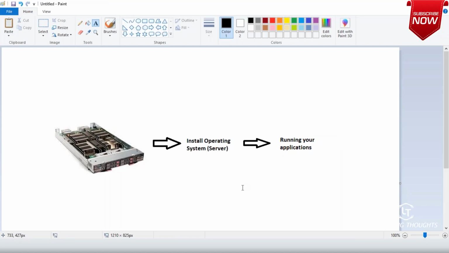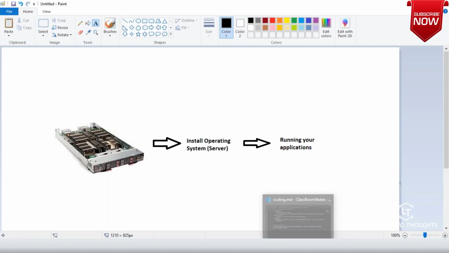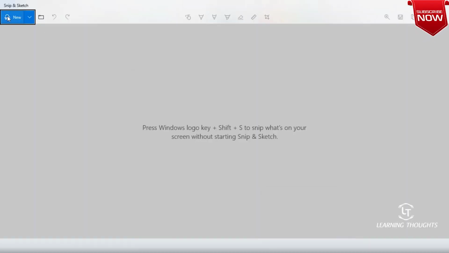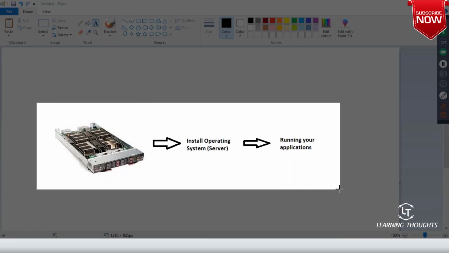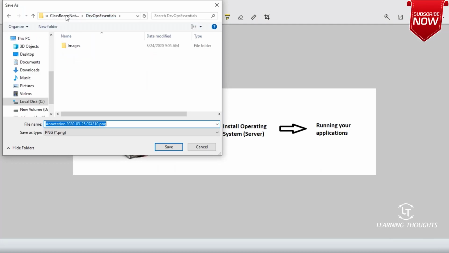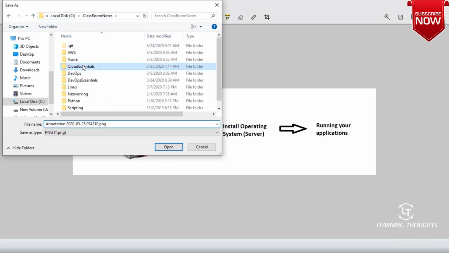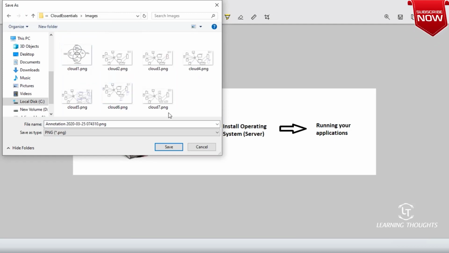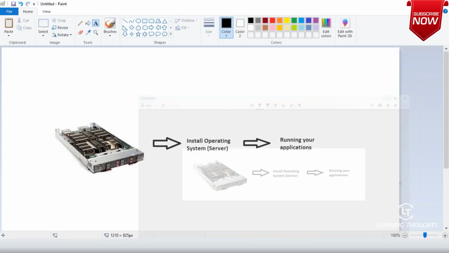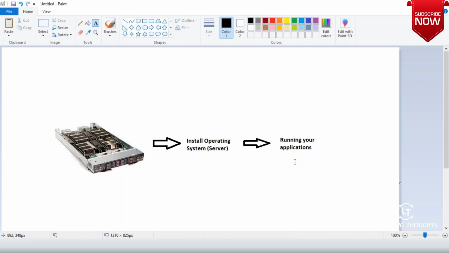Yes, this is what you do, right? So you are purchasing a physical server, installing an operating system in it, and then trying to run an application.